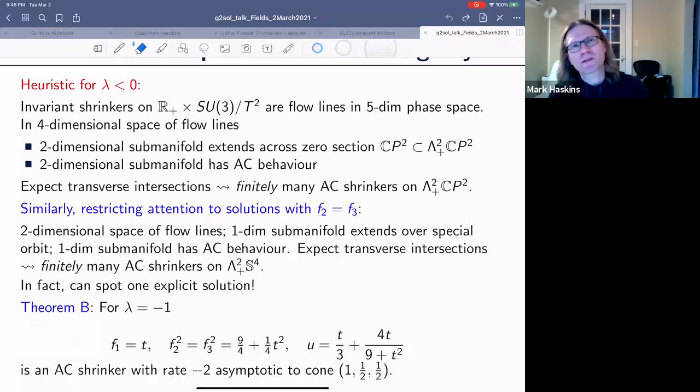The steady ones have a completely different kind of asymptotic geometry. The cone is somehow forced to be torsion-free, but the rate at which they become asymptotic to it is different.